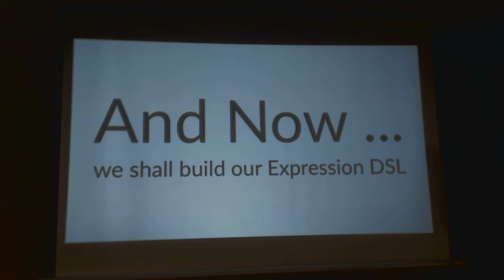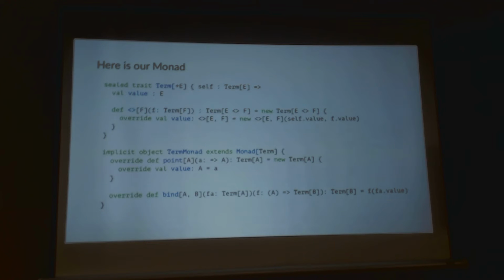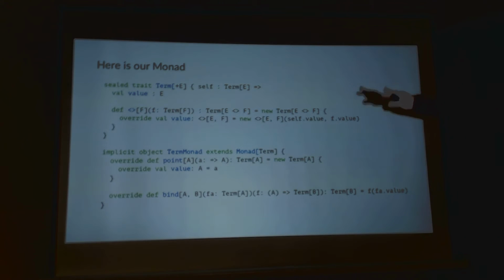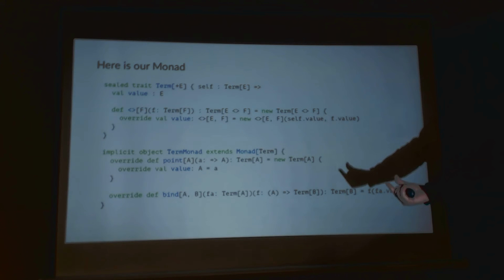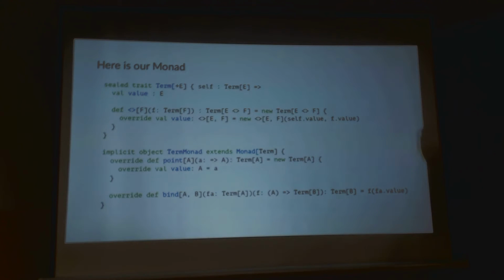So let's now jump into defining our expression DSL. We're defining a special monad for our purposes, and we're calling it a term. This is the term that you might have seen in a mathematical sense, where it's a terminal value. In particular, it's a value that is either going into a function or going out of the function.